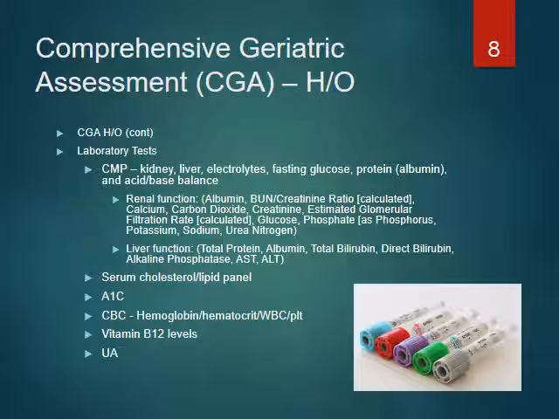Other things we'll be looking at, things like serum cholesterol and lipid panels, good for patients who are on anti-hyperlipidemic therapy to check for efficacy of therapy, or if changes in therapy need to be made based on suboptimal levels. If they're diabetic, you want to look at their A1C, check for things like anemia when you're looking at your CBC.